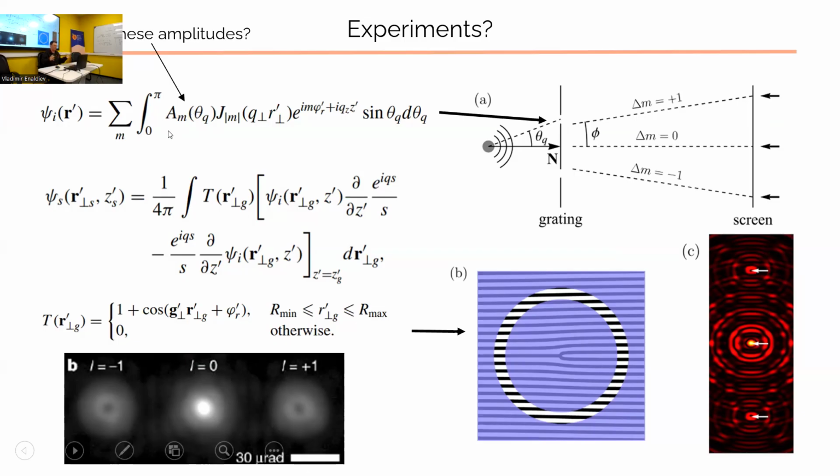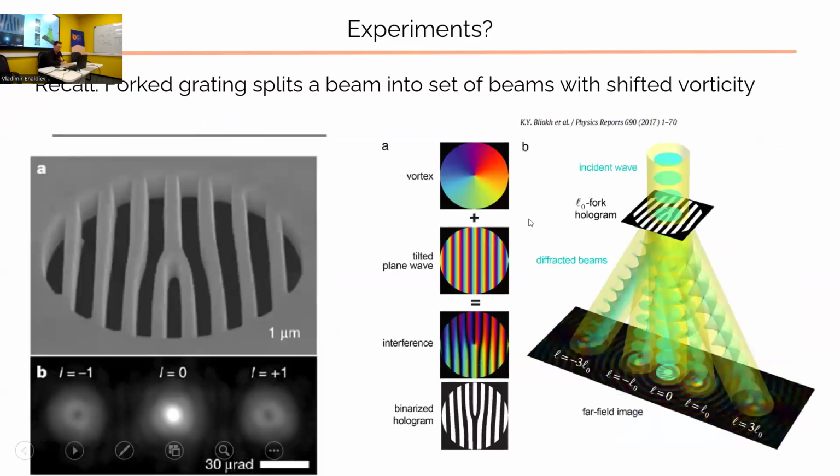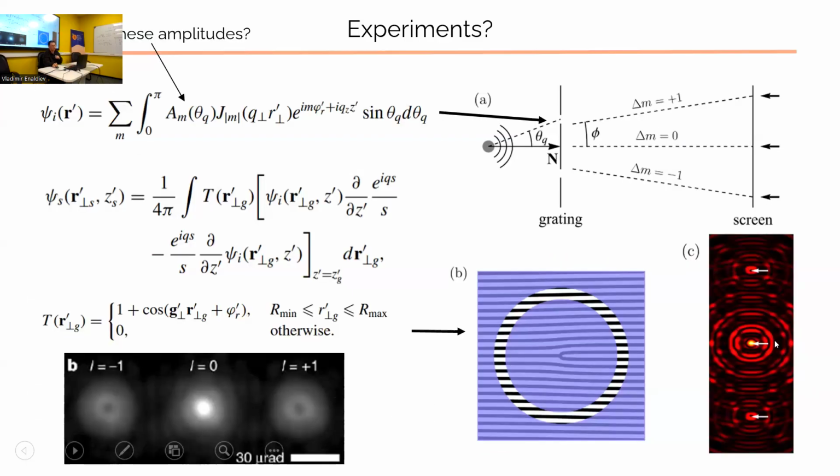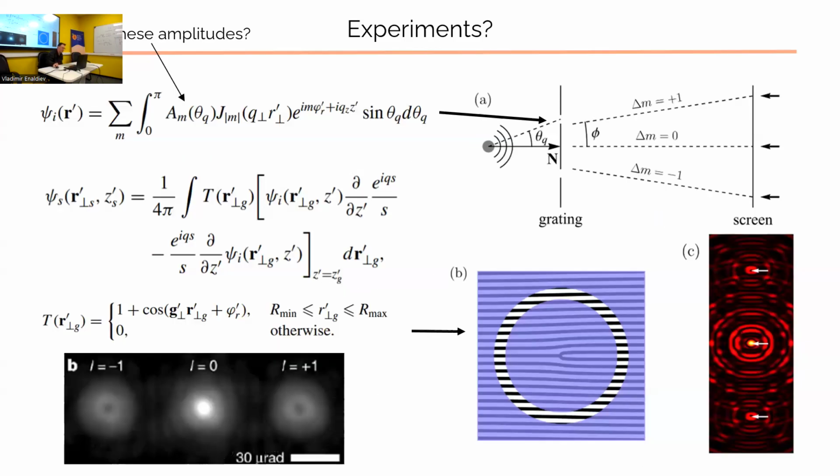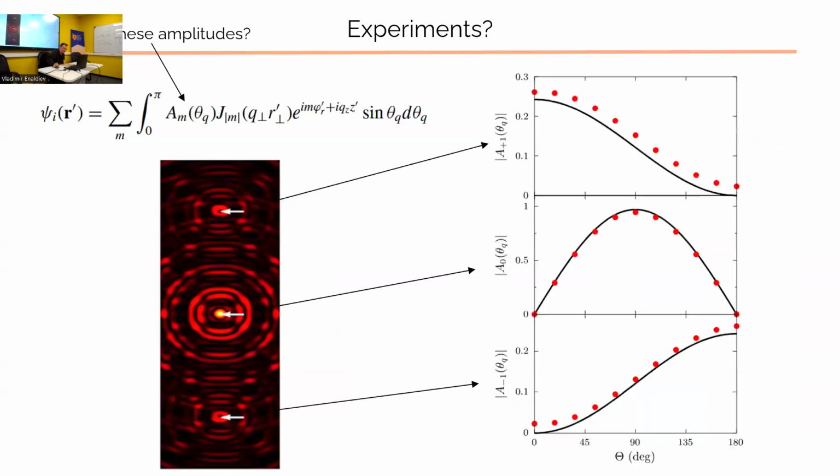So our vortex detector, chiral detector of vortex electrons, is a forked grating, which is very similar to this one, and an electron detector behind it at some distance. And of course, there is some interference between different beams, and so we cannot measure exactly this amplitude.